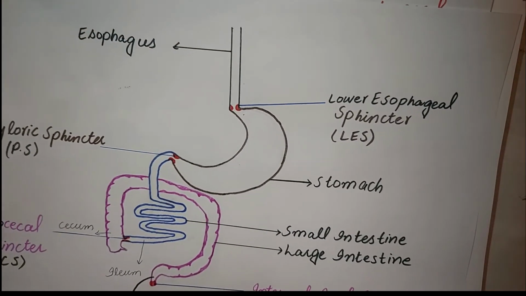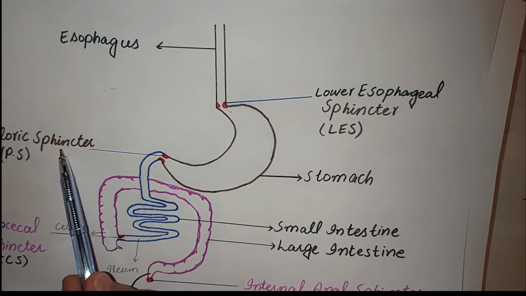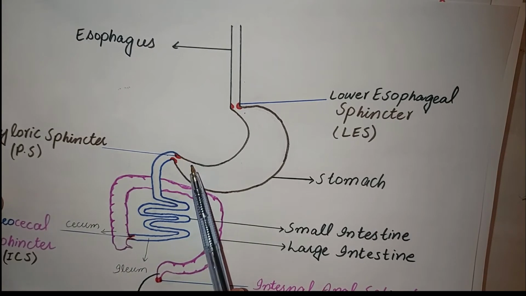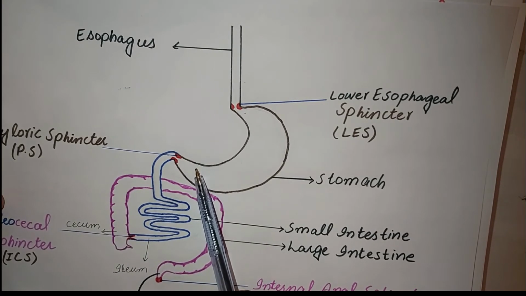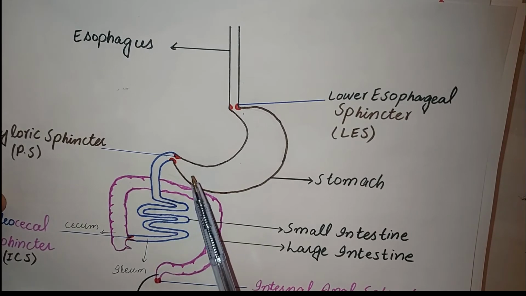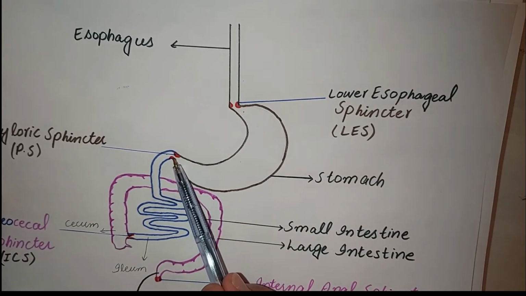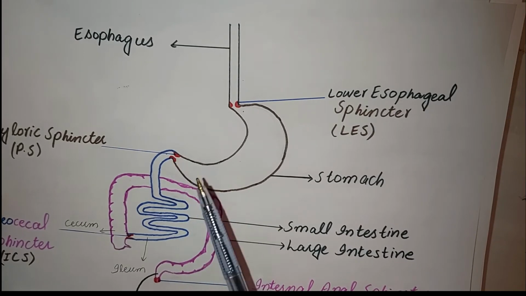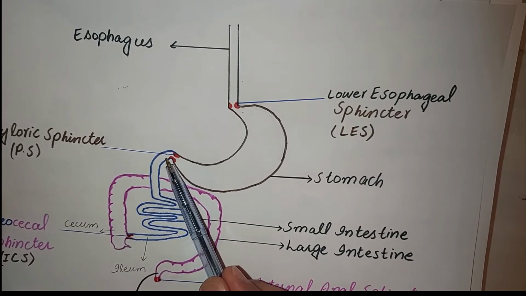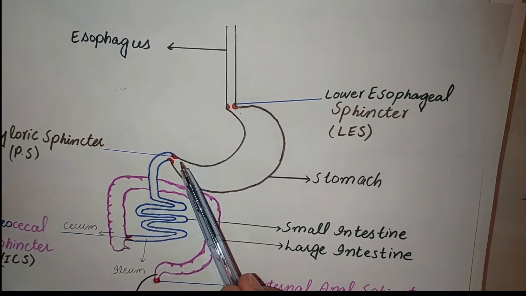In the diagram, we can see the pyloric sphincter. It is present between the stomach and duodenum. This part is the duodenum and this is the whole stomach. What is its function?